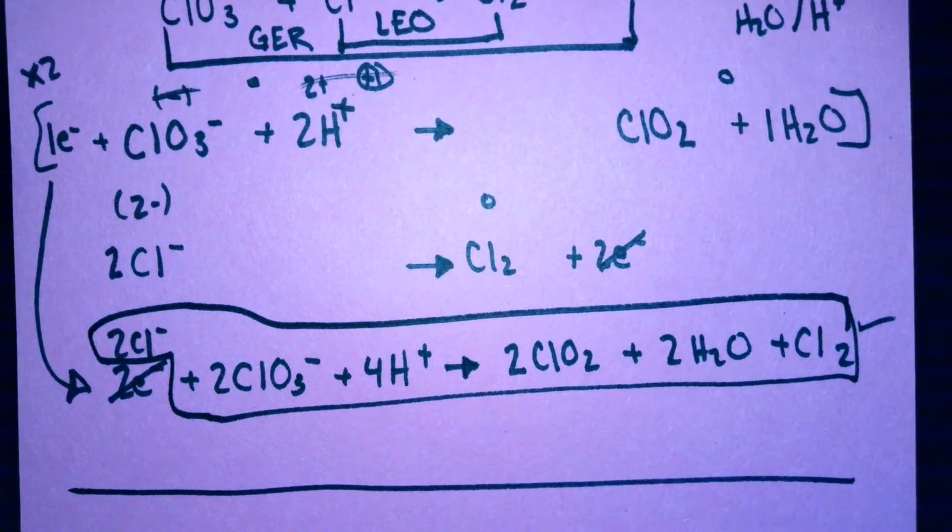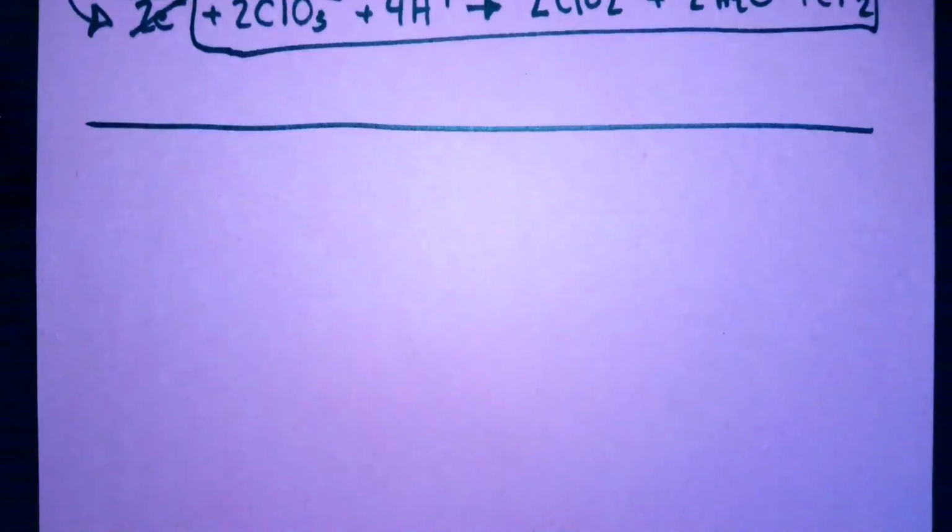Alright. Now, when you are balancing in a base, there's just a few things that you do differently. So let's pick one here. I'm going to do number 10, the zinc and nitrate problem.